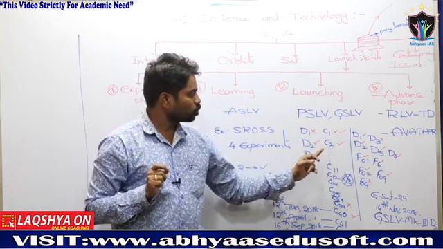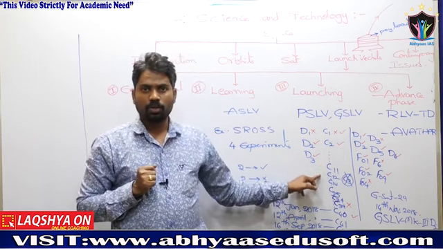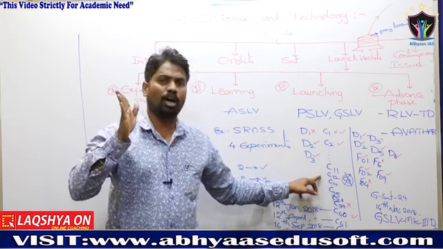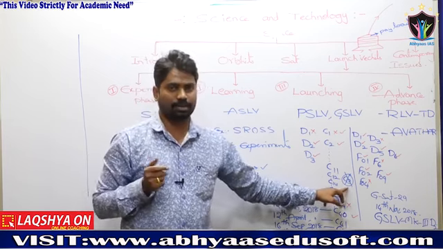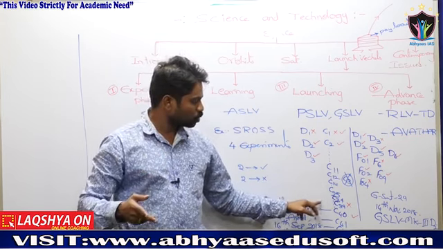Here C1, C2, up to C11, C12, but C13 is not there. C13 was joined with C14 already, so the C13 mission is not there. C12, then C14 directly, then C15, and so on.